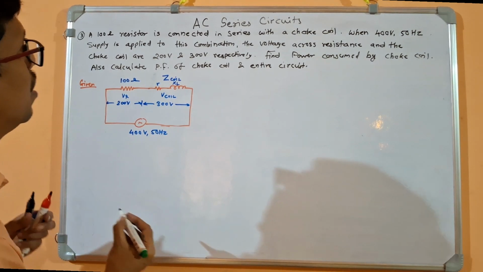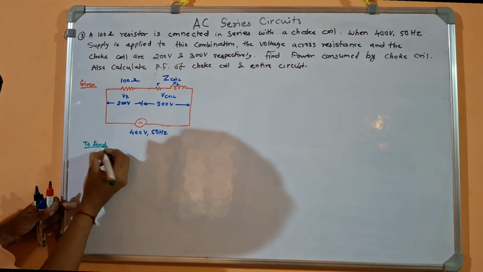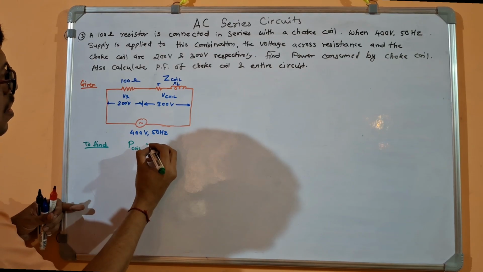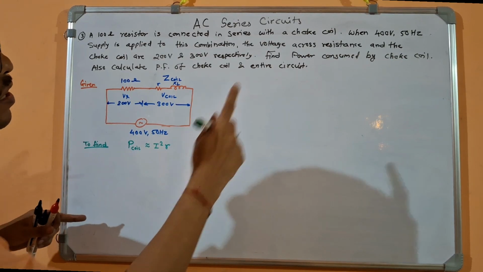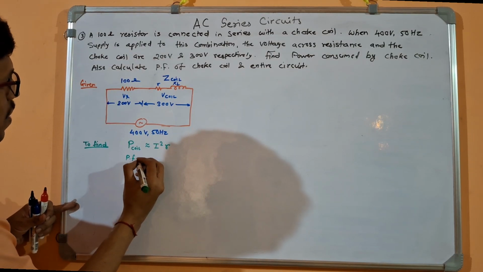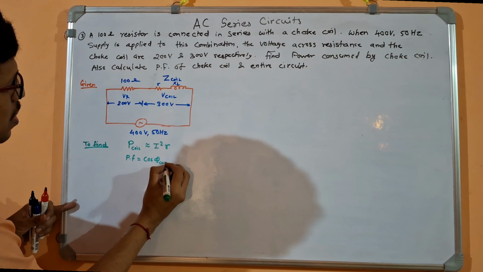What is asked over here? To find power in coil, that is nothing but I square into small r. Then power factor of choke coil, which is nothing but cos phi coil.